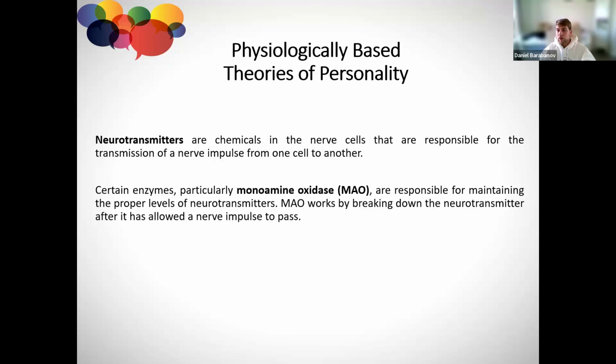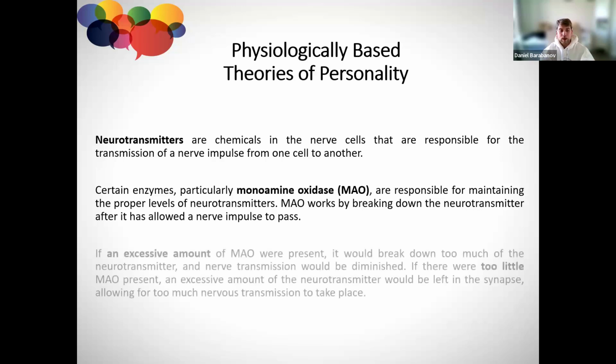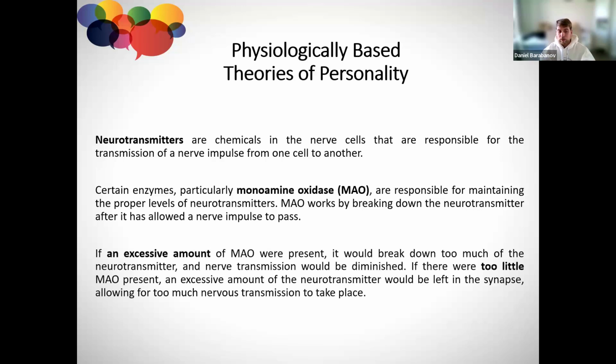And MAO is an enzyme which basically destroys neurotransmitters in this synaptic gap. If there is too much MAO, it would break down too much of the neurotransmitters, and nerve transmission would be diminished. So it will affect the ability of the neuron to transmit a message once again.